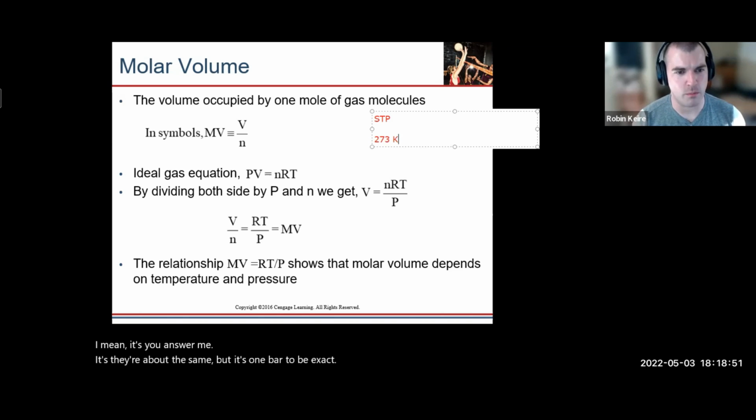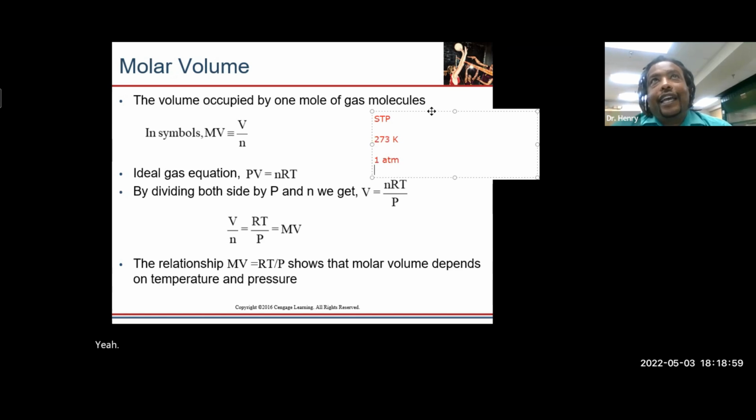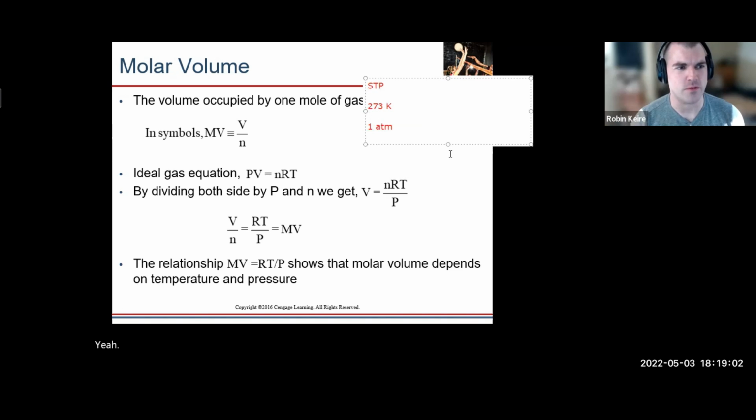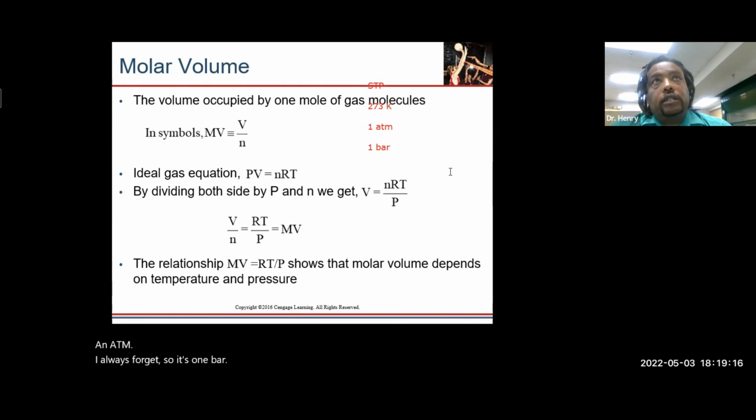There's that portion of the book where it was like 22.7 or 22.4 liters, depending if you're using atmospheres or bars. So normally 1 bar is what we use.